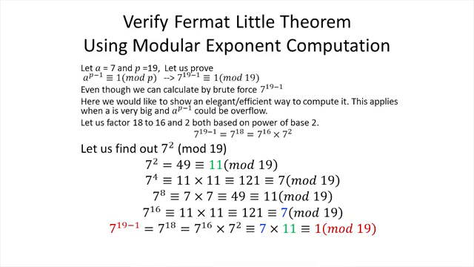And now let's compute the remainder: 77 equals 4 times 19, and then we find the remainder is 1. Therefore, 7 to the power of 19 minus 1 and 1 are indeed congruent modulo 19. That proves the theorem is correct when applied to these two numbers.